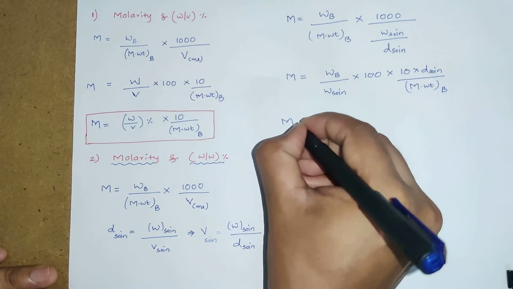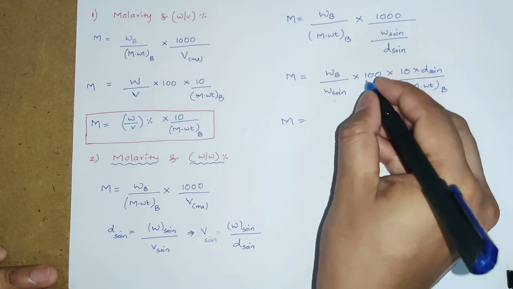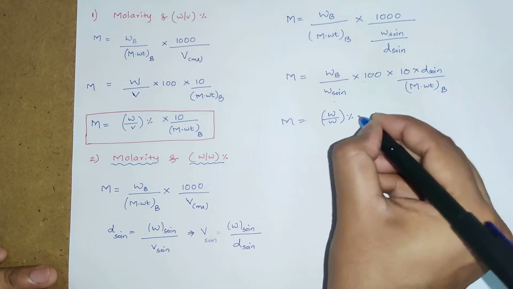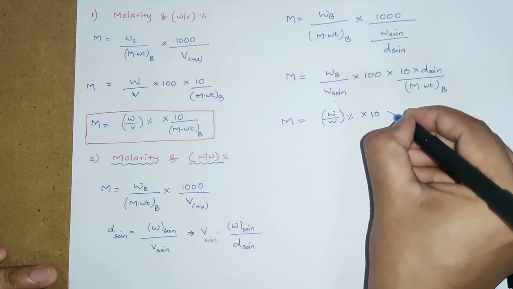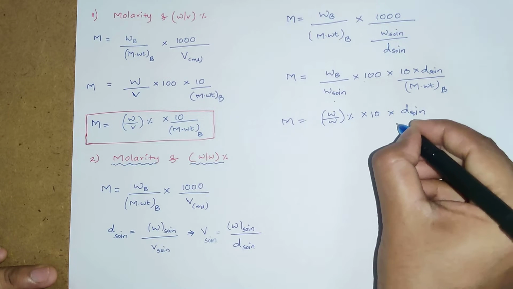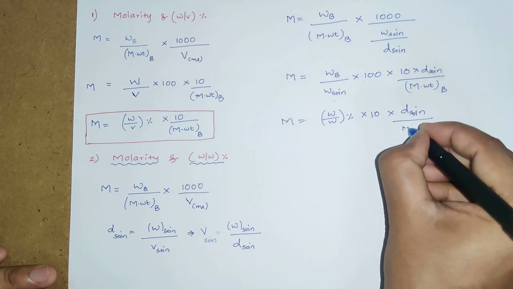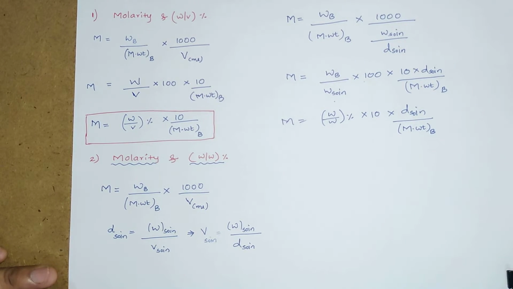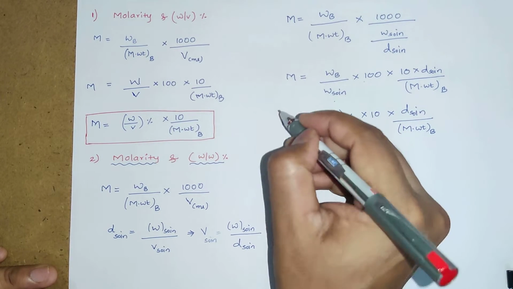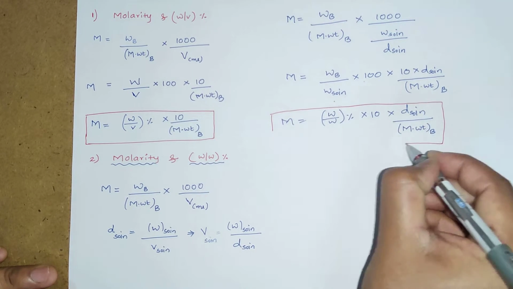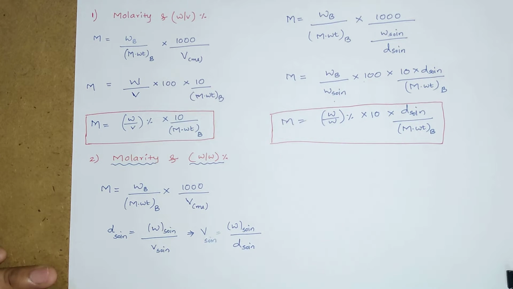So then mass of a component by total mass of solution into 100, that is mass percentage, into 10 into density of solution by molecular weight of solute. So this is another important relation between molarity and mass percentage. This is the second important relation.